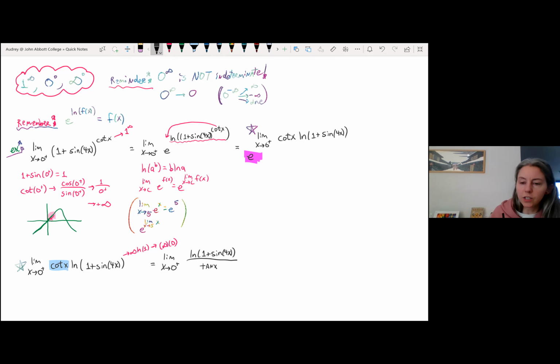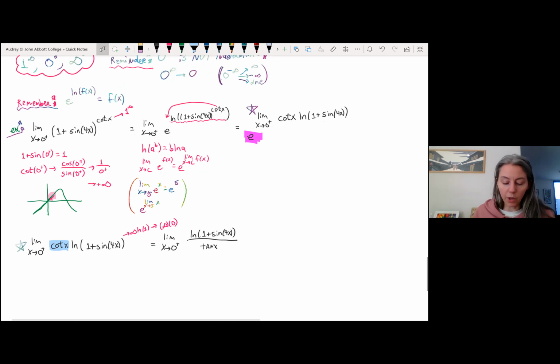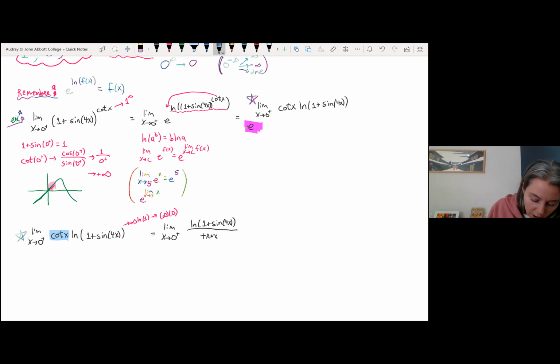So when you have just a trig function, that's going to always be the thing to move to the denominator. That will not always be true if you have not just a trig function. So if I had like cotangent x plus 1, then I wouldn't be able to apply my reciprocal identity. So if you can apply the reciprocal identities, move the trig function to the denominator.